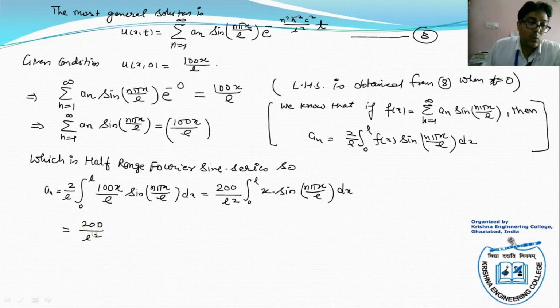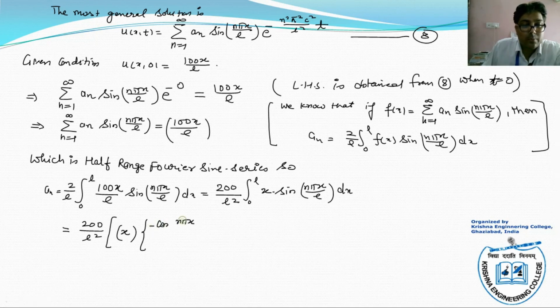200 upon L square. We integrate this by parts, take x as u. So this is u. And the integration of the second function, the integration of sine, is equal to minus cos(n pi x by L) upon n pi upon L. Clear?